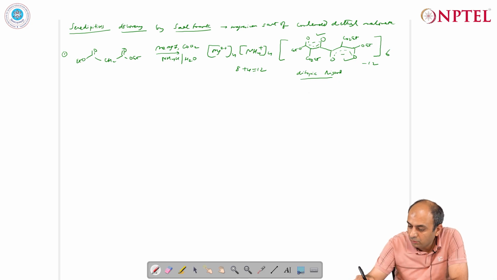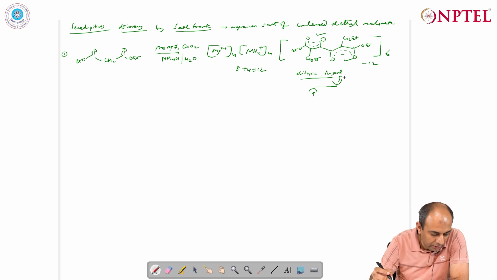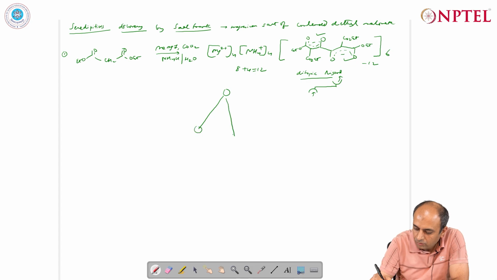So this being a ditopic ligand, we can write it as follows. So this is one particular binding site, this is the other binding site, and what it forms is where we have got the 1, 2, 3, 4, 5, 6 edges.